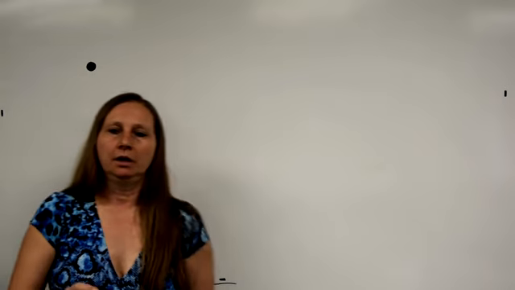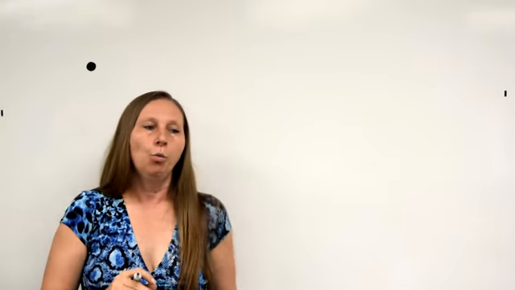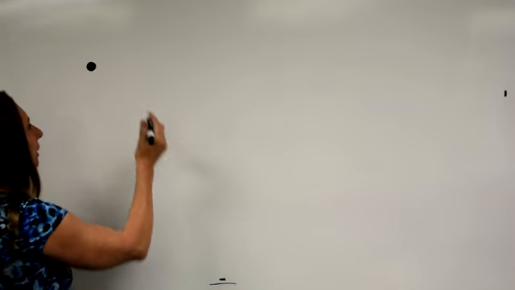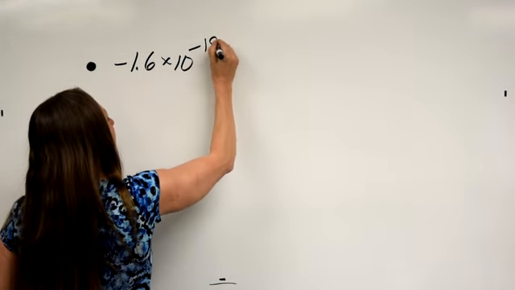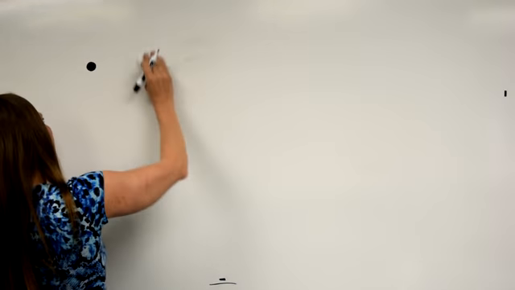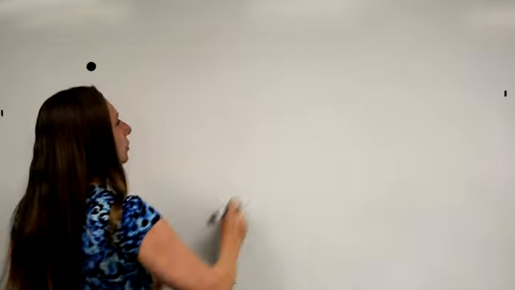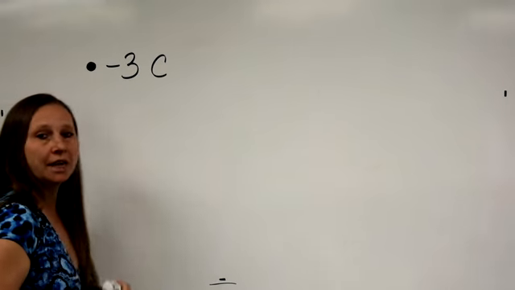What if, in some other universe, not ours, the charge on an electron, instead of negative 1.6 times 10 to the negative 19 coulombs, was negative 3 coulombs instead?